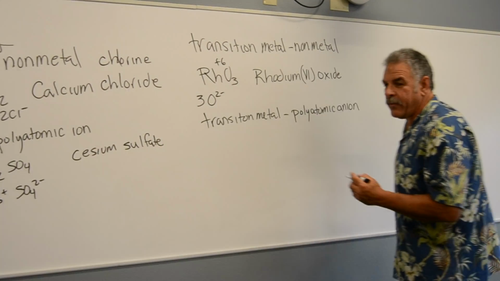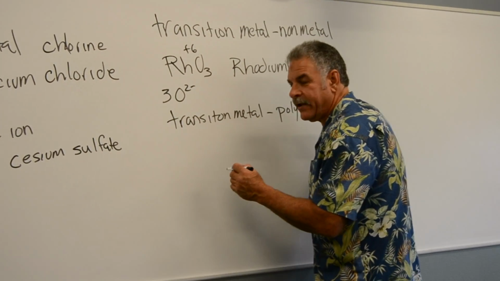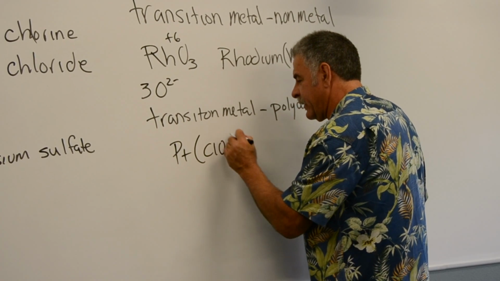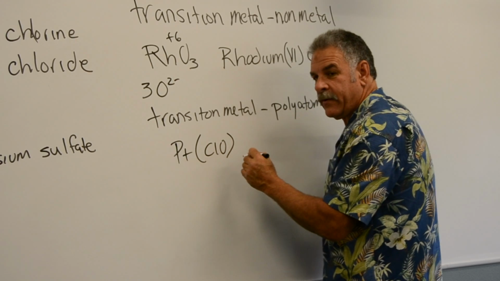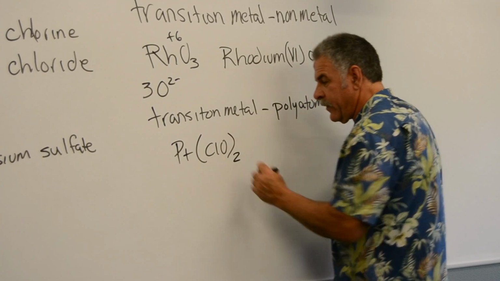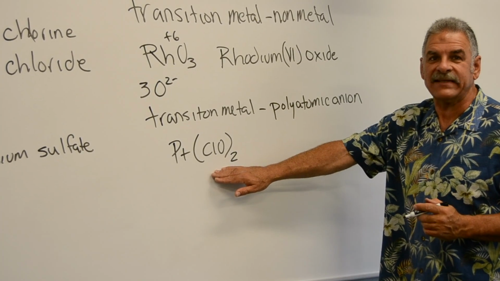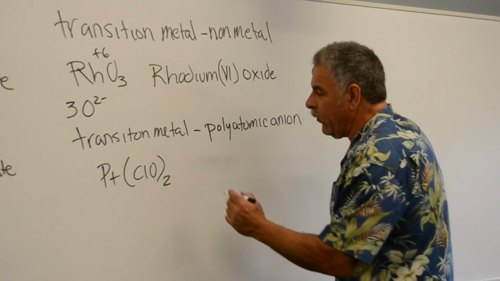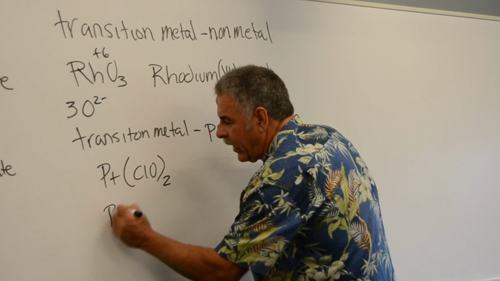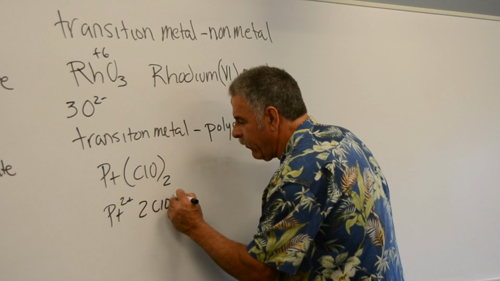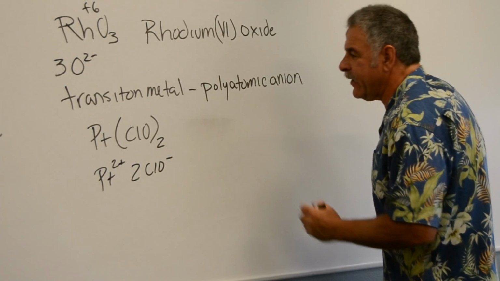In this case, with the polyatomic anion, let's look at platinum. All right. Now we should know this polyatomic anion as hypochlorite. So we will add platinum 2+ and 2 ClO-, right?